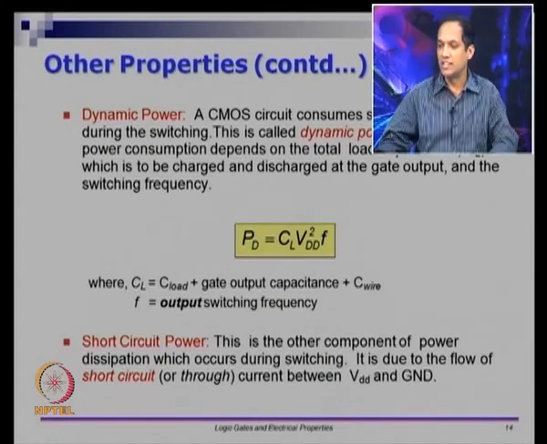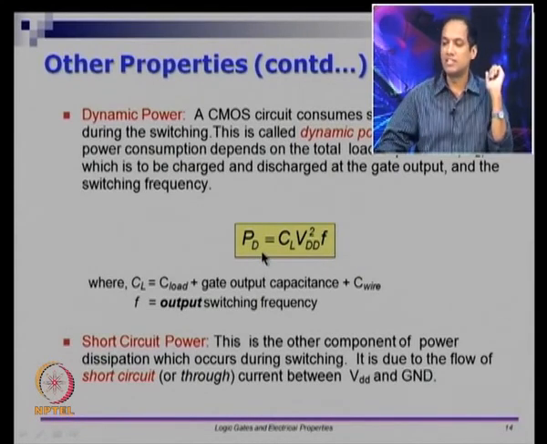So we have the capacitance of the load, and it is also proportional to the square of the voltage supply, and it is also proportional to the output switching frequency. We do not have to worry about these details right now. So PD is CL into VDD square into F, and finally there is something called short circuit power.